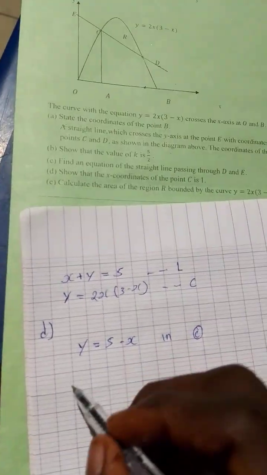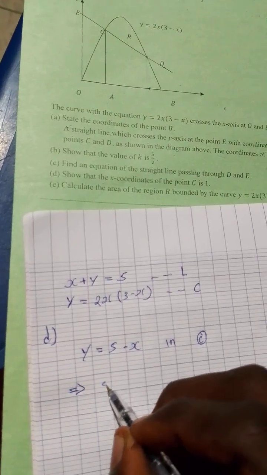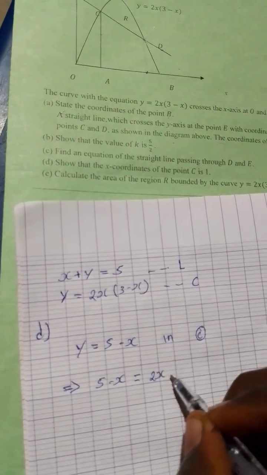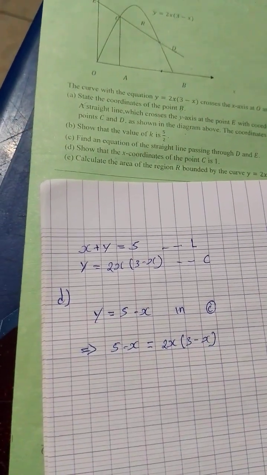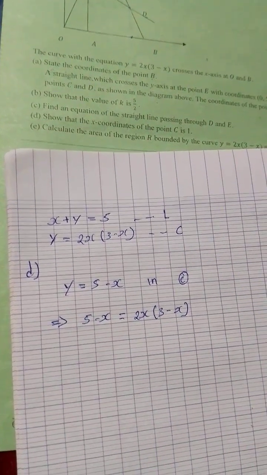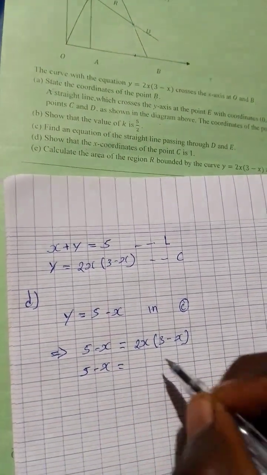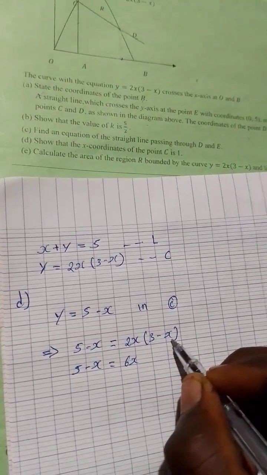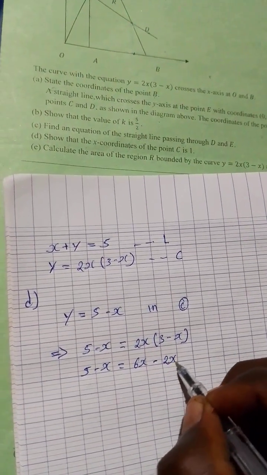It will mean that 5 minus x equals 2x into 3 minus x. From there, 5 minus x equals 2x times 3, 6x, 2x times negative x, minus 2x squared.